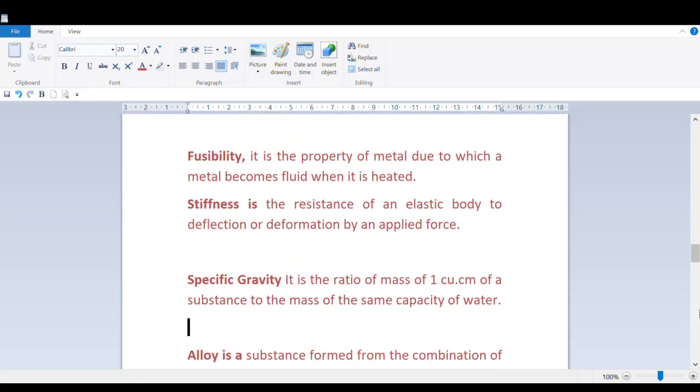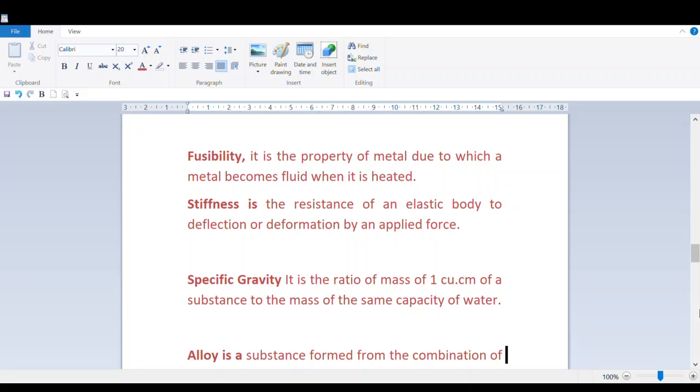Fusibility. Fusibility is the property of a metal due to which a metal becomes fluid when it is heated. So you heat a metal, it becomes fluid. Gold is an example. The fusibility is related to easy melting.